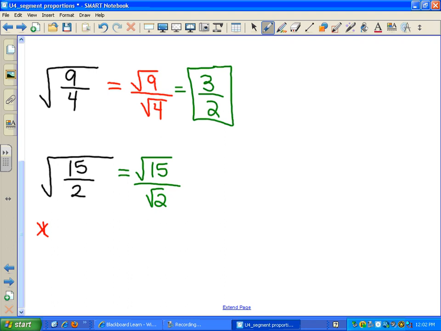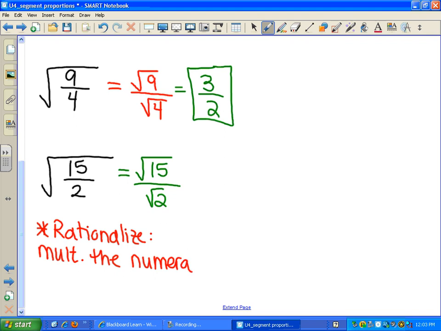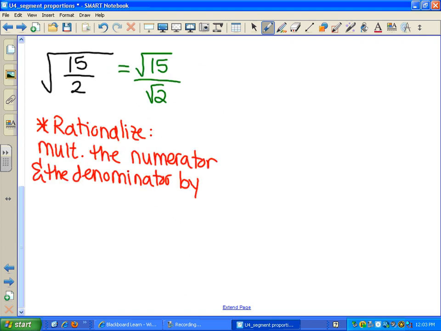And we're going to make a little note here. When you rationalize, you multiply the numerator and the denominator by the radical in the denominator.